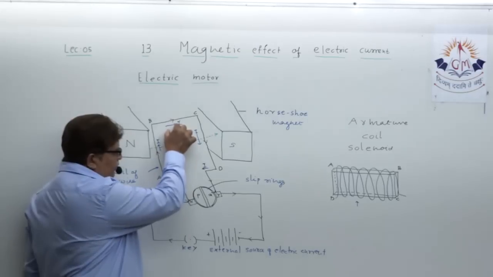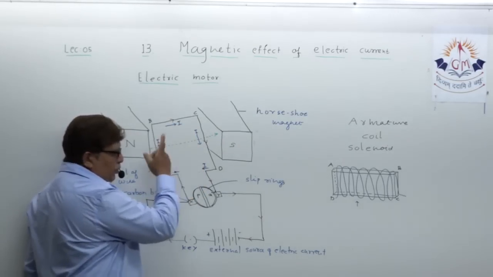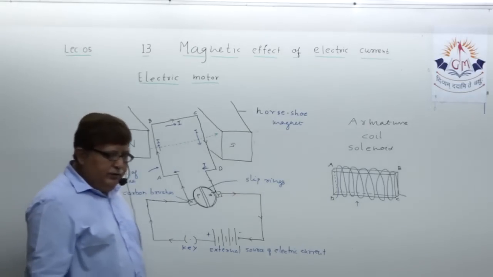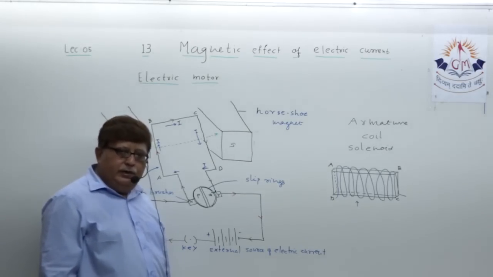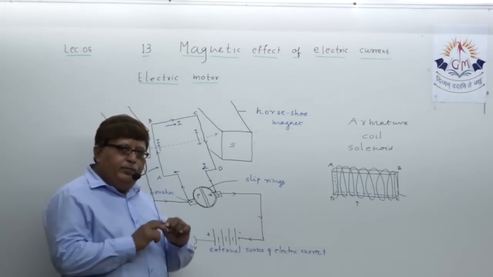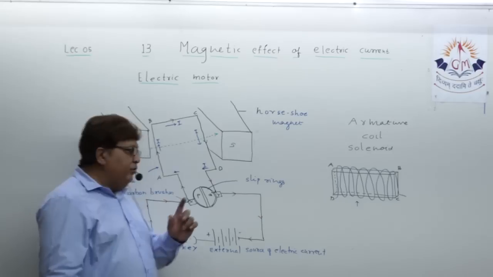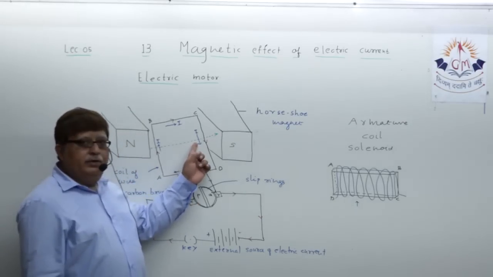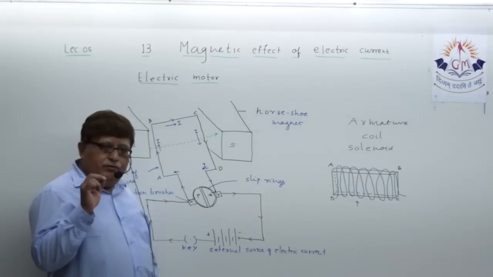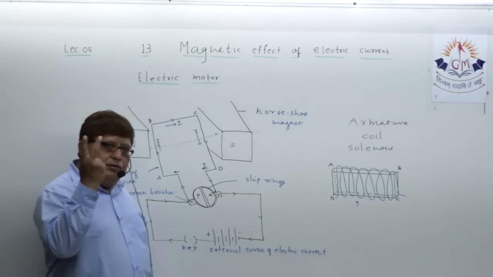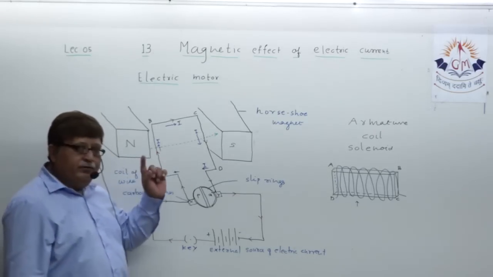Actually axle is that center arrangement on which the coil of wire is going to rotate. But one thing has been clear, that the mutually perpendicular combination of magnetic field and electric current is actually realized only on the two ends of the armature, AB and CD.